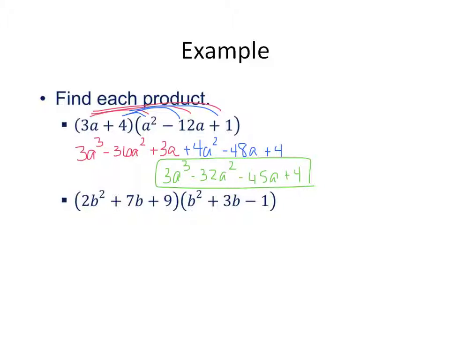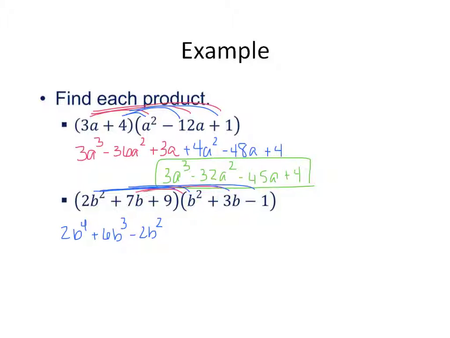If we look at this next one, we have a trinomial times a trinomial. You are just going to multiply every term in the first one times every term in the second one. So the 2b squared is getting multiplied times all 3, which is going to give us 2b to the 4th. Remember, you add your exponents when you're multiplying. Plus 6b cubed minus 2b squared, and watch your signs.